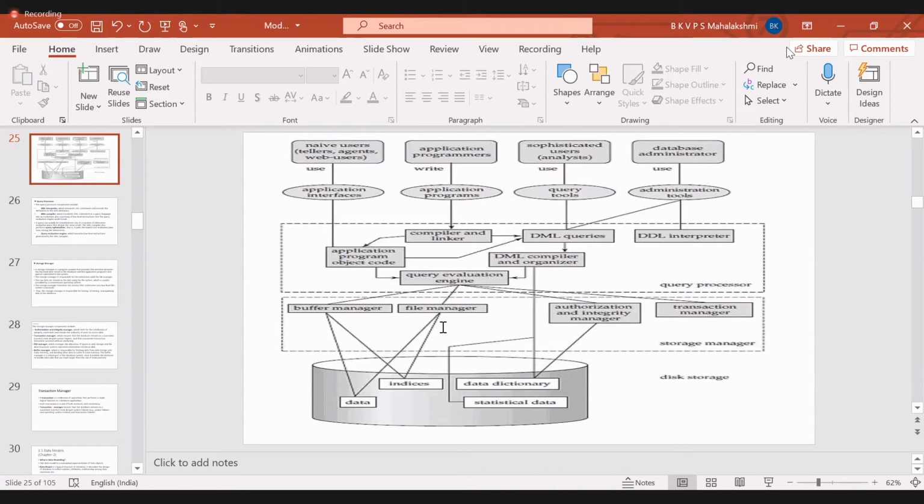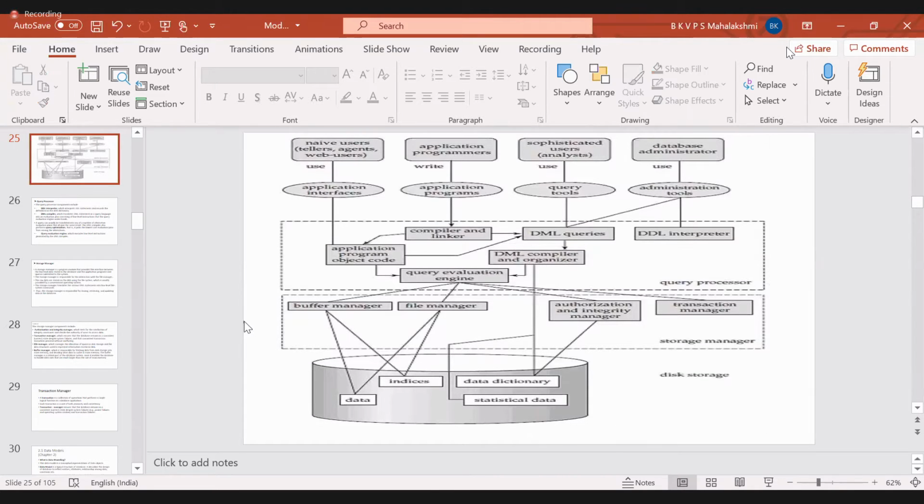See here, the file manager is responsible for allocating the space in the disk for the data. Coming to the buffer manager, it is used to get the data from the disk to the main memory. The buffer manager is the responsible person for managing the data from the disk to the main memory.